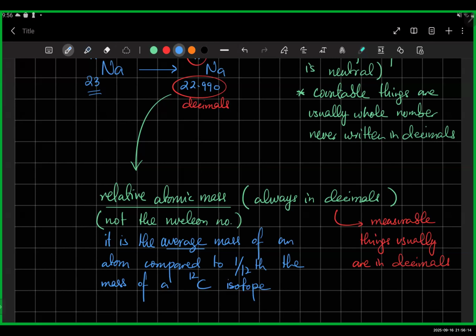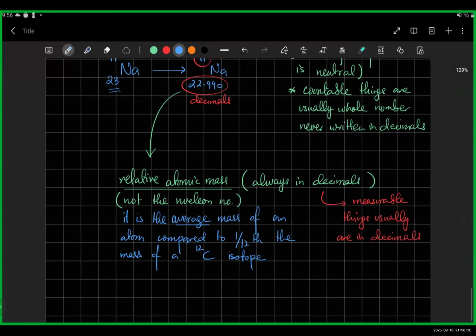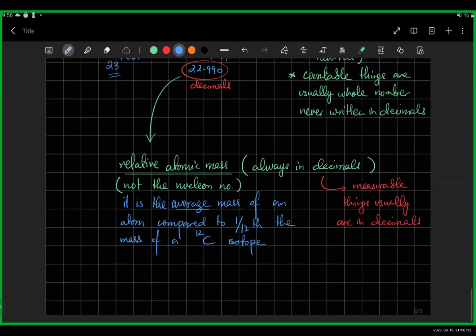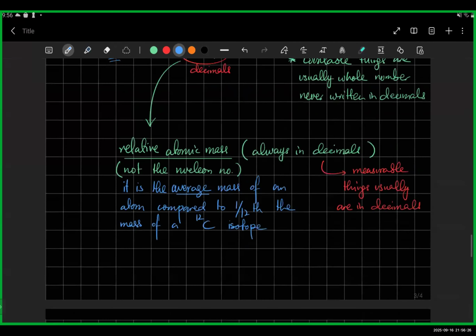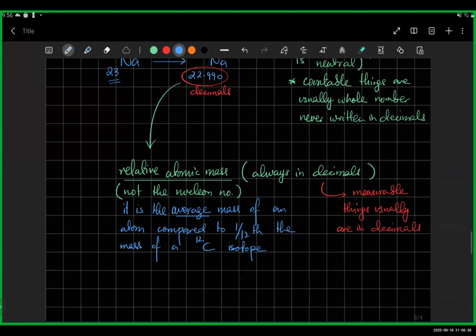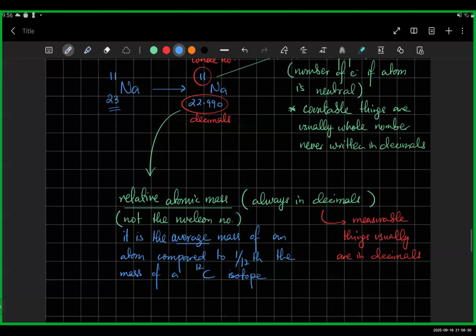Then compared to 1/12 the mass of a carbon 12 isotope. So you're trying to measure the mass. So there are two things. Why is it in decimals? Well, you're measuring it, right? It depends on the accuracy. How accurate is your weighing device? If it's more accurate, you can continue to add more decimals in front of it, and it's going to have endless accuracy.